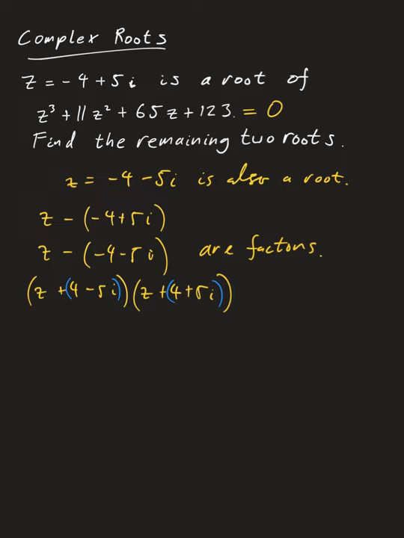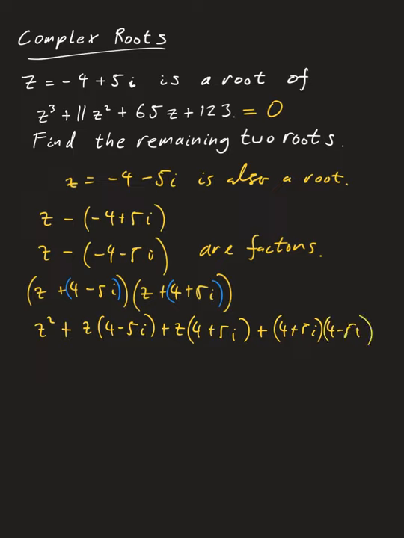So I have z times z is z squared, plus z times 4 minus 5i, plus z times 4 plus 5i, plus 4 plus 5i times 4 minus 5i.